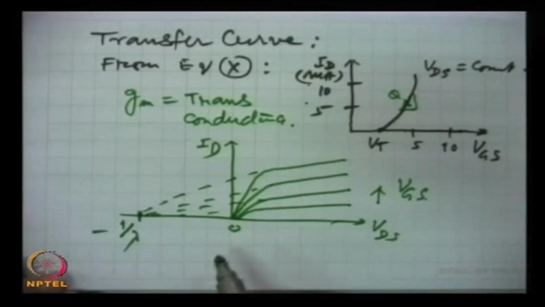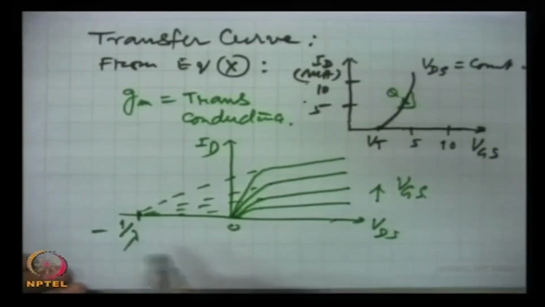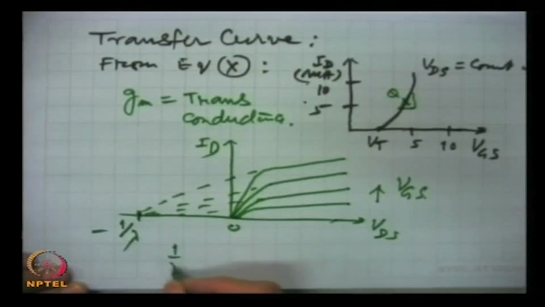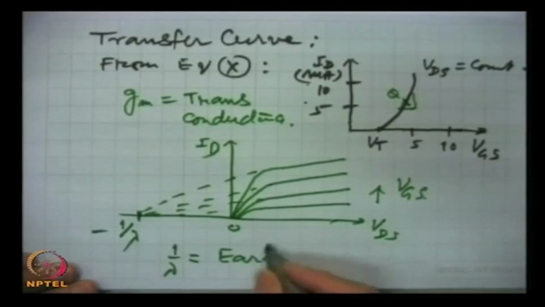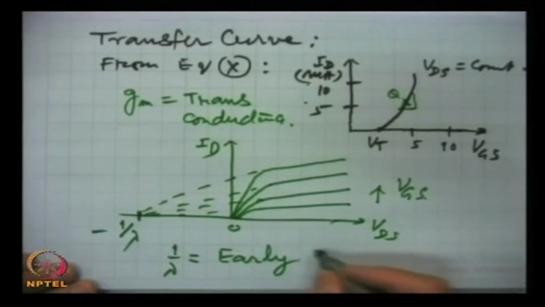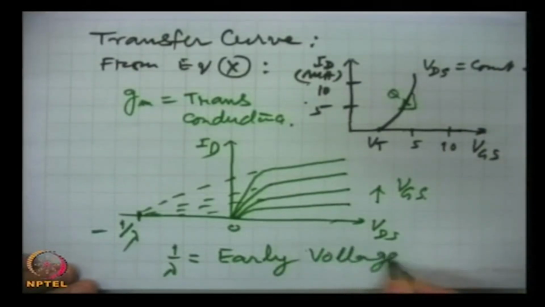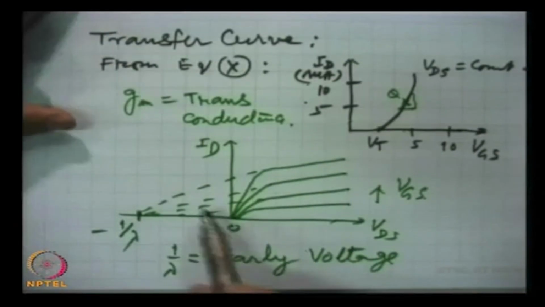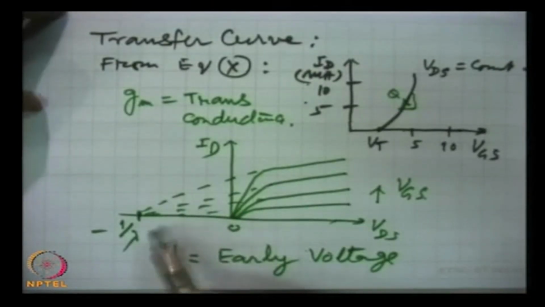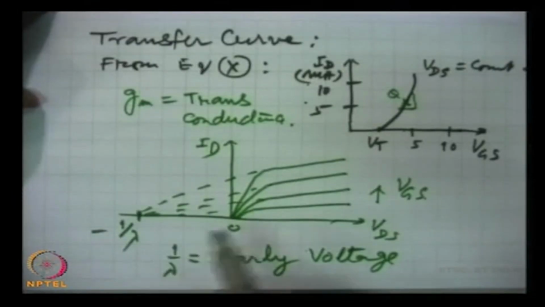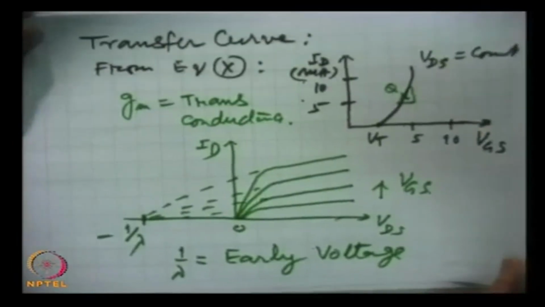This 1 by lambda is called the Early voltage. Early is the name of the scientist. This is equivalent to channel width modulation, which is almost like the base width modulation in BJT.